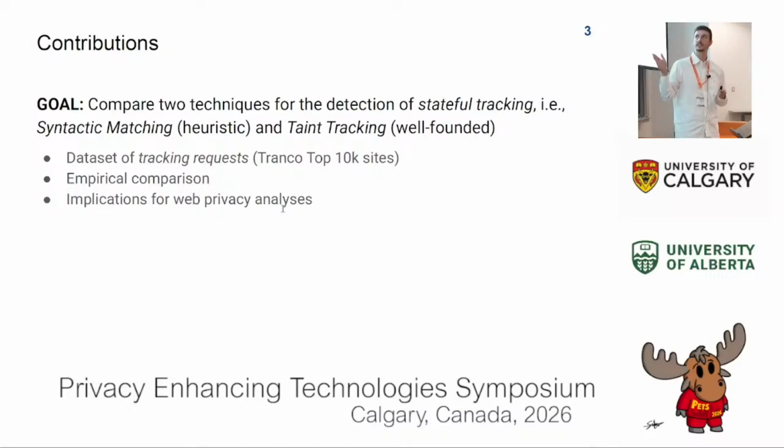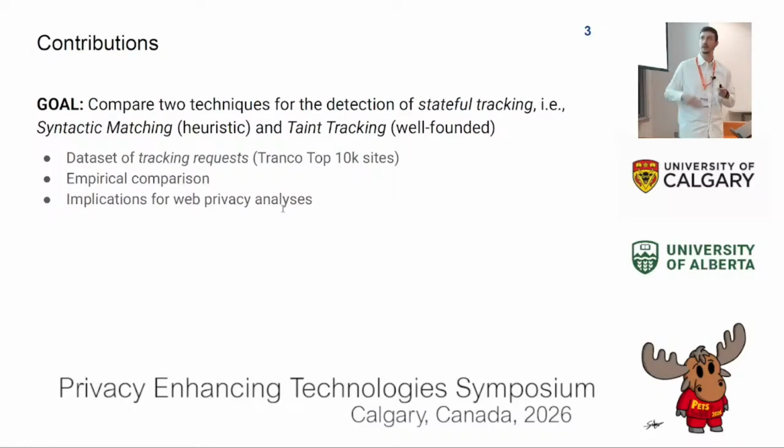To do this, we construct a data set of tracking requests, meaning requests which send identifiers to third-party trackers, from the top 10K sites. We perform an empirical comparison in which we explore the strengths and weaknesses of these techniques in terms of false positives and false negatives.